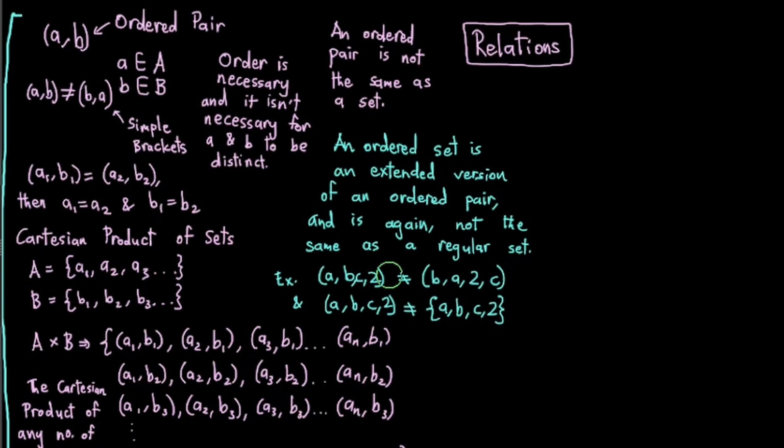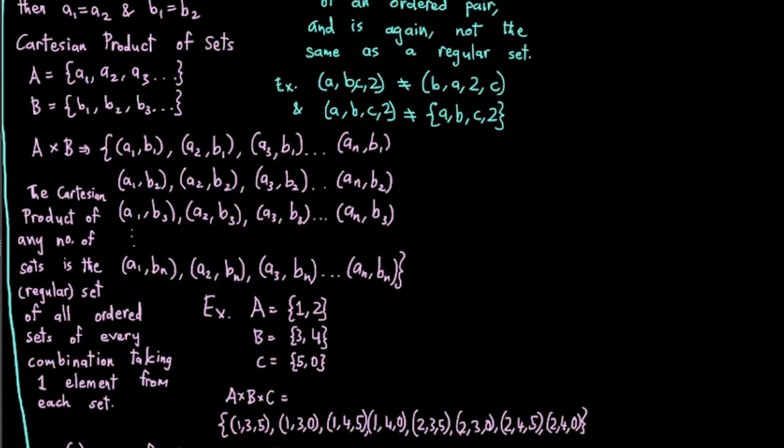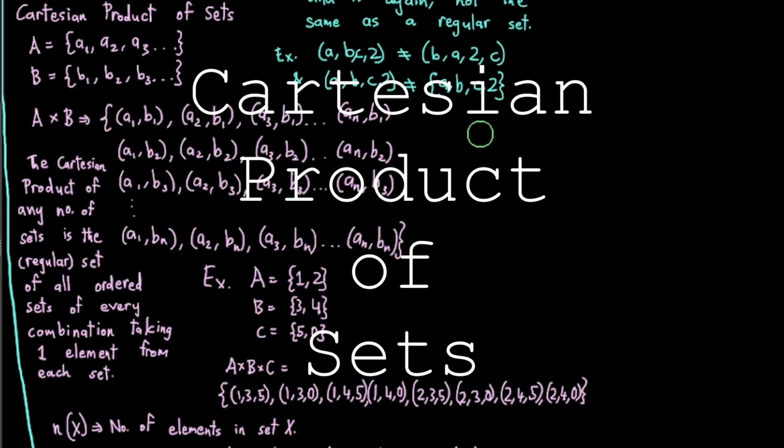And (A, B, C, 2) is not equal to the set {A, B, C, 2}. There's also a small property we should go over: if (a1, b1) is equal to (a2, b2), then a1 is equal to a2 and b1 is equal to b2. Now let's go over the absolute brain rot, that is the Cartesian product of sets.